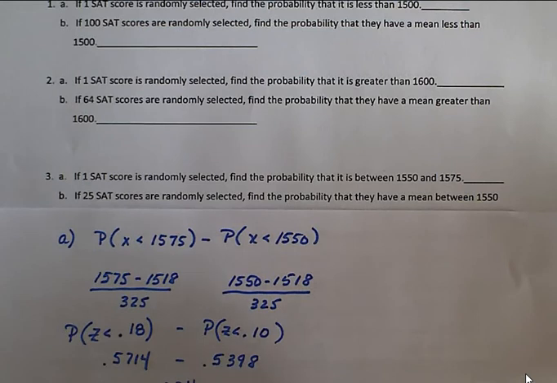Same numbers. This time n is 25. So I'm going to take 1575 minus 1518 divided by 325 over the square root of 25.